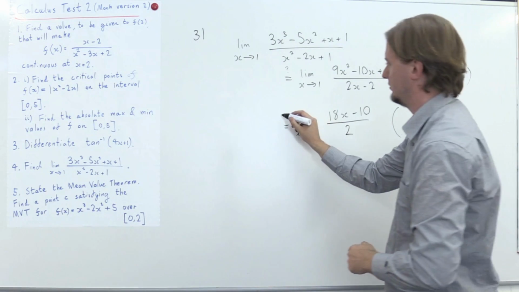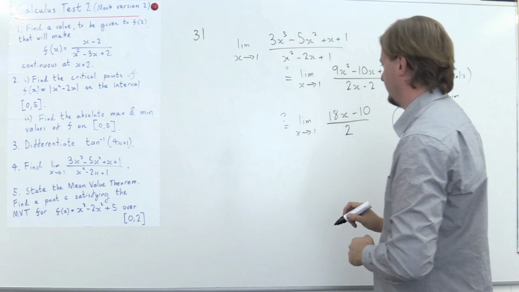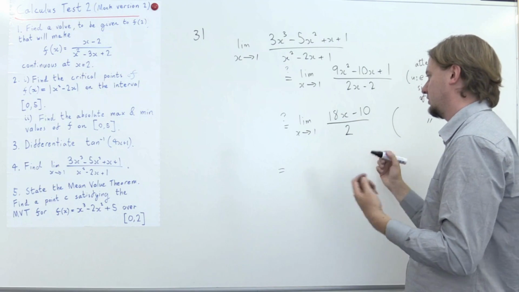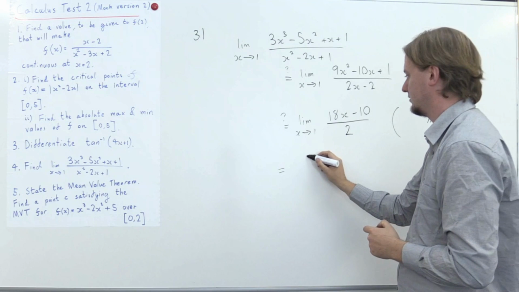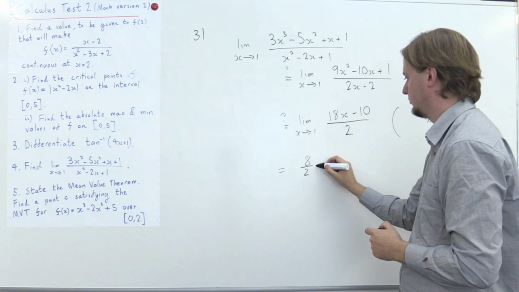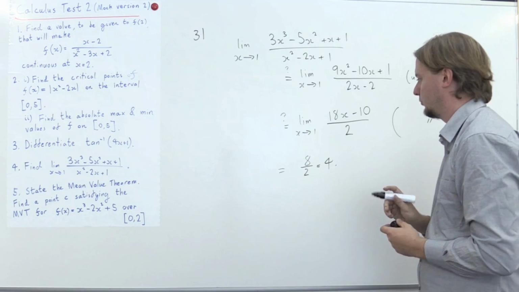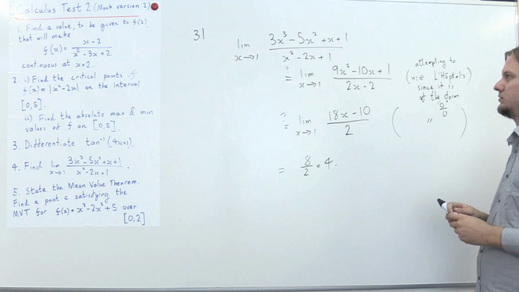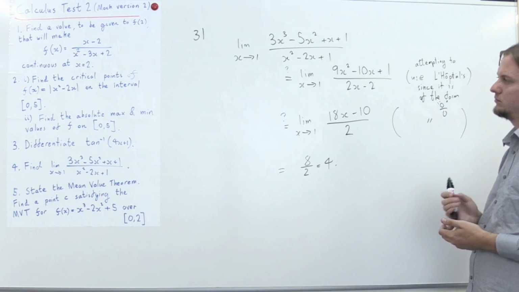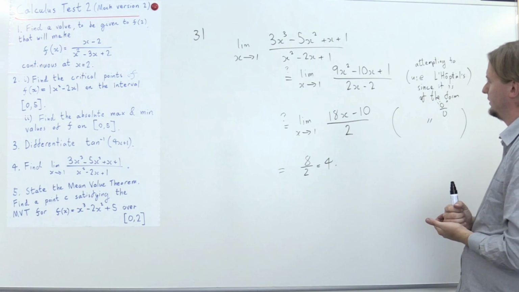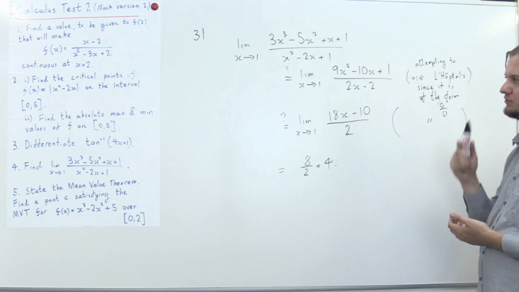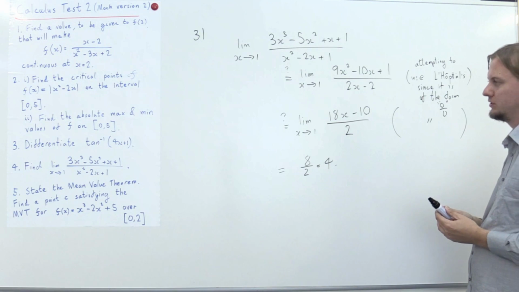This is really a question mark about whether this exists, but this one does exist. This one is equal to 18 minus 10 over 2, which is 8 over 2, which is 4. So the limit here is 4, and I guess I have to justify my use of L'Hopital's rule.